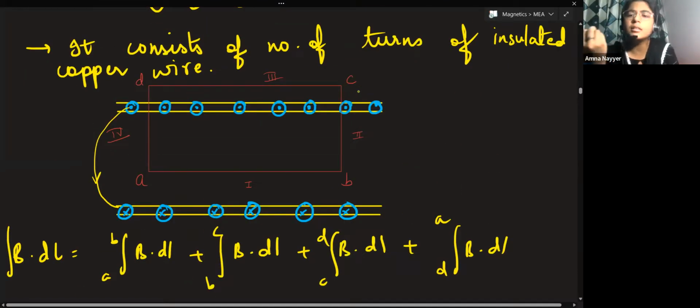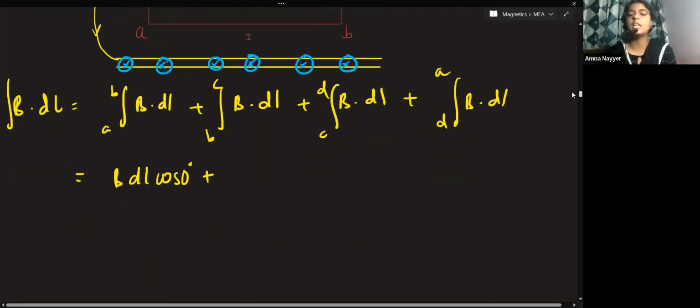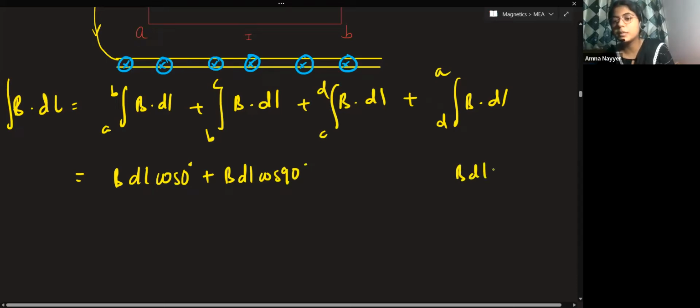Here 90 degree is formed, because the magnetic field was at 0 degree, understood, but for this part of the Amperian loop, it is making an angle of 90 degree. So for both BC and AD, the angle is 90 degree. If you open it up for BC and for the last one AD, this becomes B dl cos 90 degree, and for this also it becomes B dl cos 90 degree.